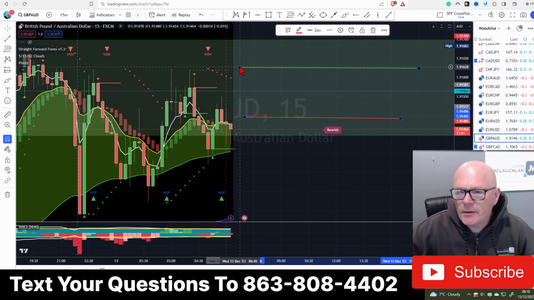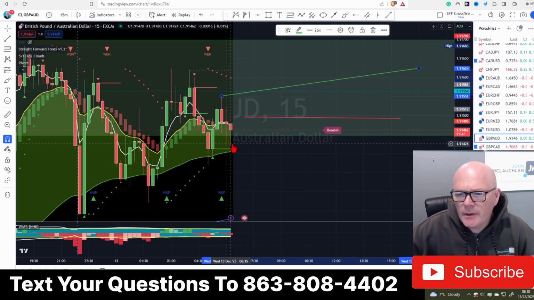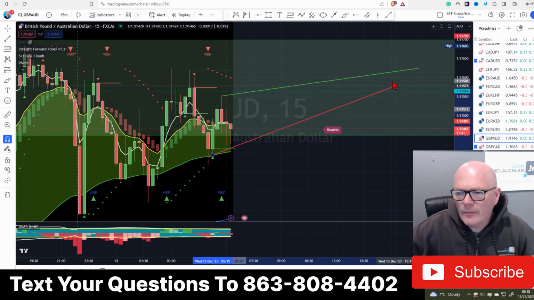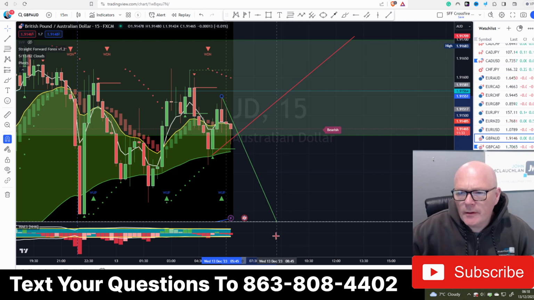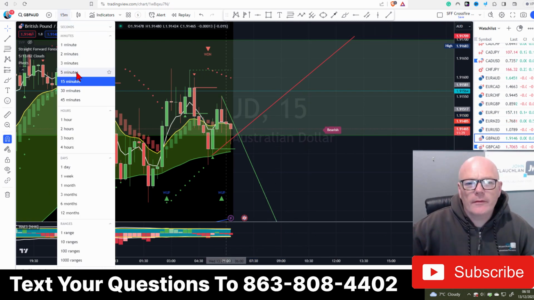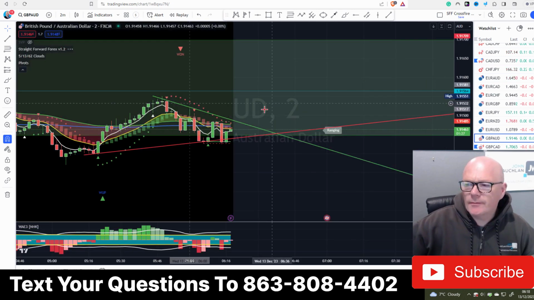Put our magnet tool on there, and the lower low is the green candle, this one here. That is going to go to the bottom of the 6 AM wick. It's a bit of a doji candle, and the top of the wick of the 6 AM. Okay, 15 minute, 2 minutes.